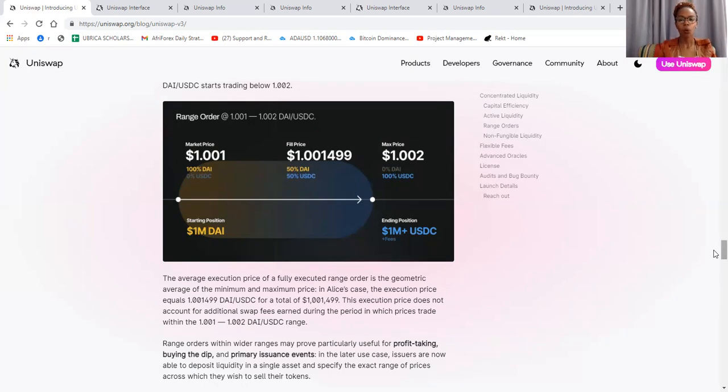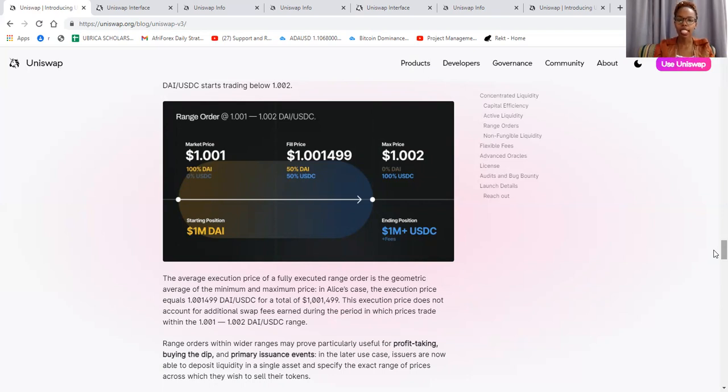So you say, when Ubricoin gets to $2, I would like to provide liquidity in this liquidity pool. And then you put in your Ubricoins, and you're going to wait until the Ubricoin price gets to $2 so that you can be a liquidity provider in that pool.